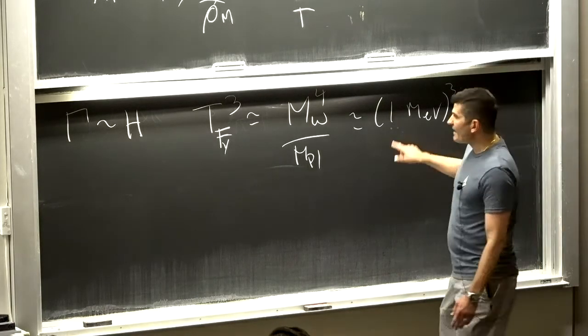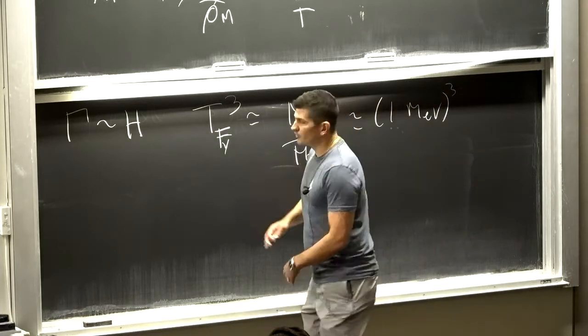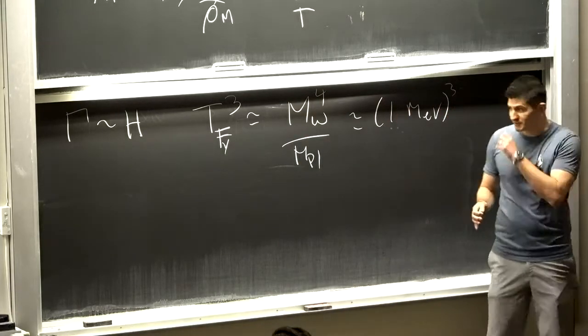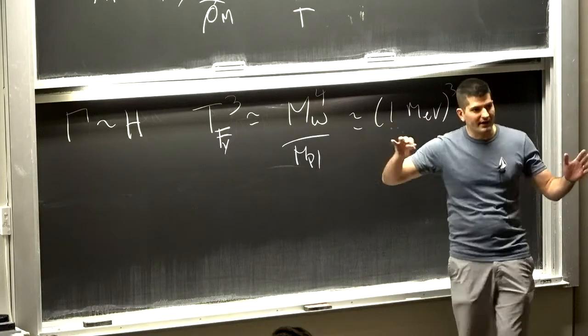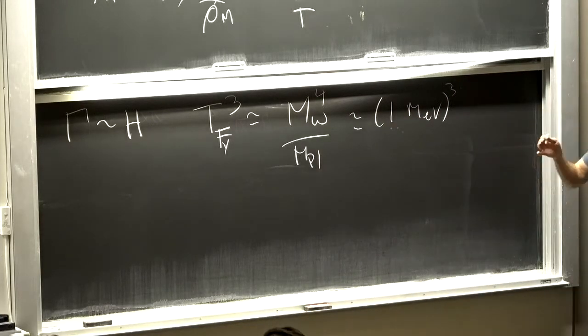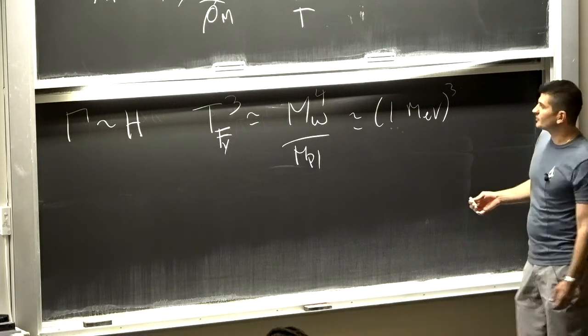Okay, so after decoupling, the neutrinos just continue to follow the expansion of the universe. They still look like they're in a thermal distribution because now nothing's changing. So whatever distribution they were in, they just stay in that distribution.